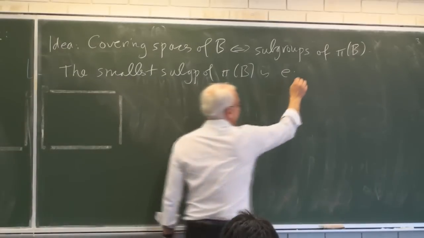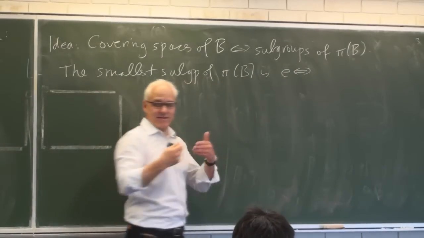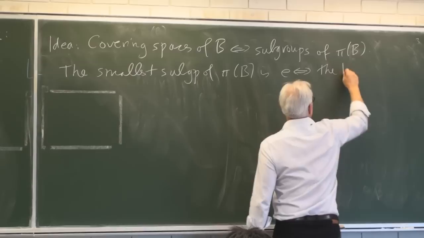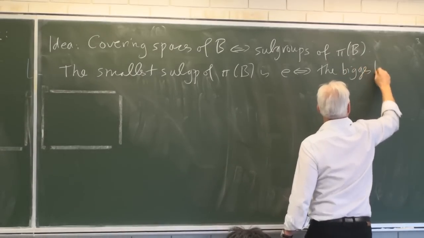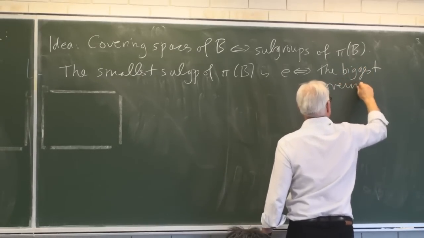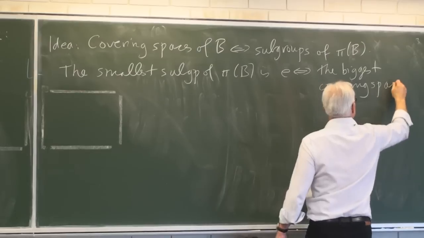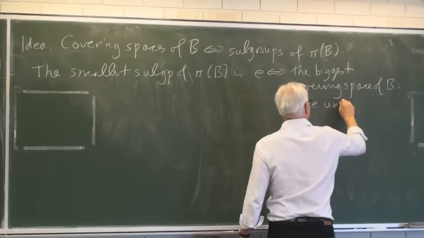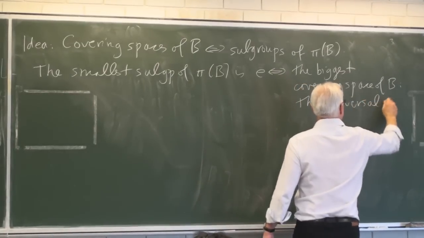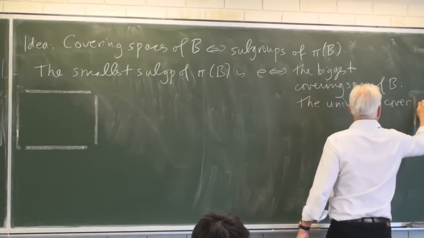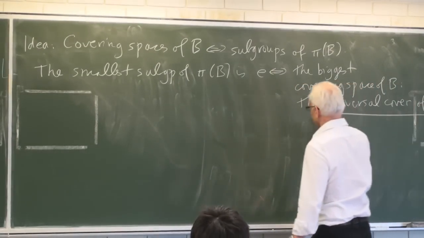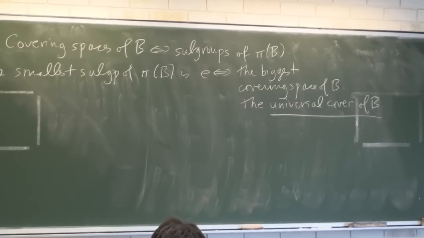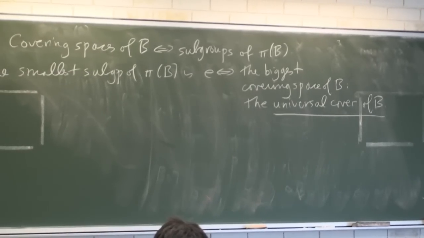And it's going to correspond to the biggest covering space of B, namely the universal cover. The universal cover of B. And so we want to understand how to get the universal cover of B from B.